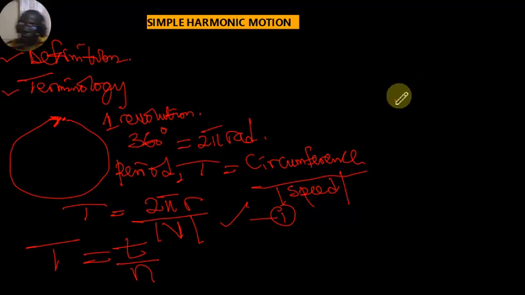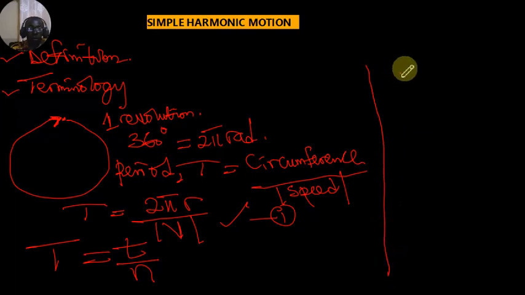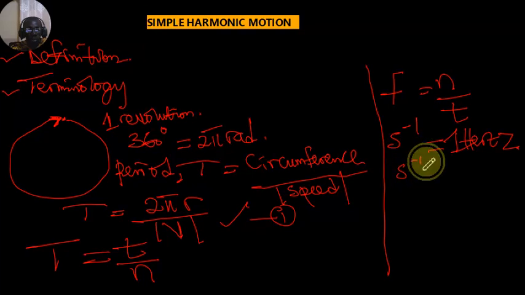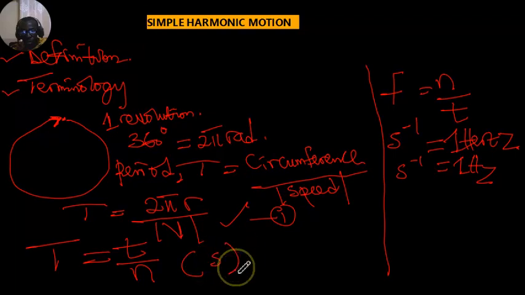So remember, frequency f is the number of oscillations made per second, and therefore frequency is measured in cycles per second, the unit, and 1 cycle per second is known as 1 hertz. So cycles per second is also equivalent to hertz, while period is measured in seconds.